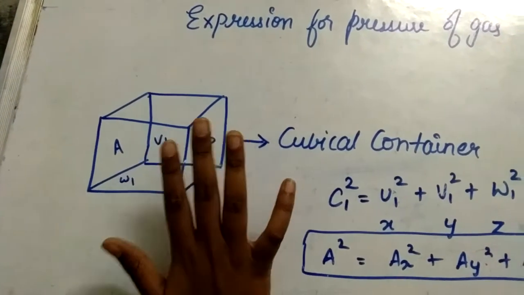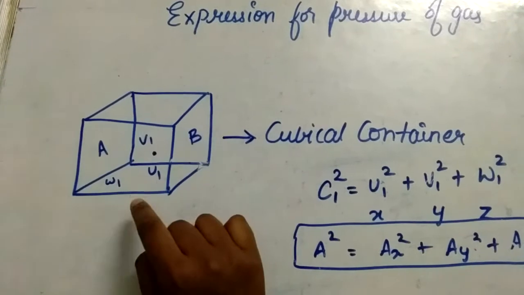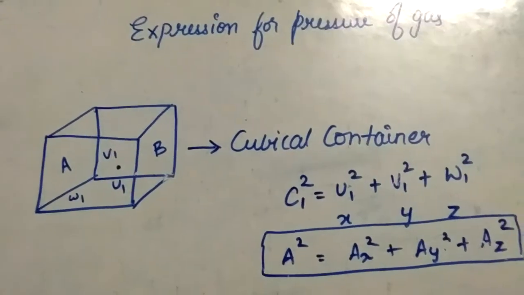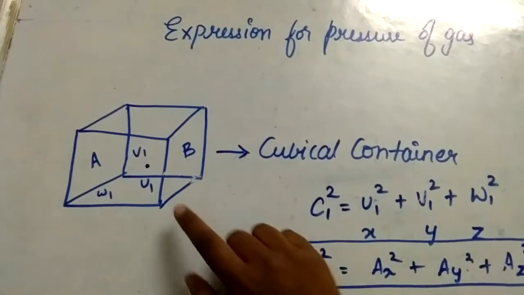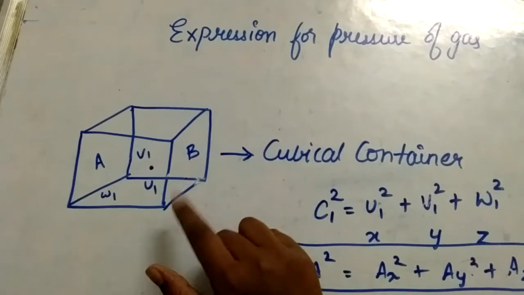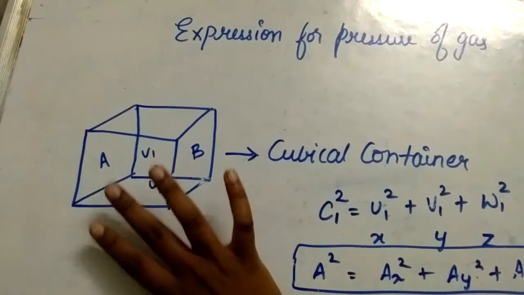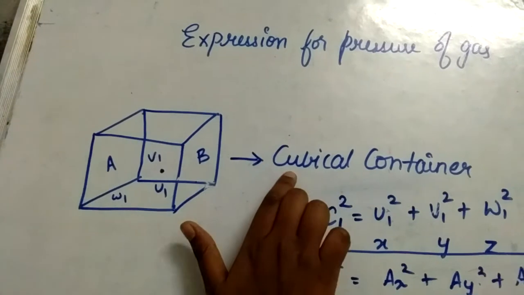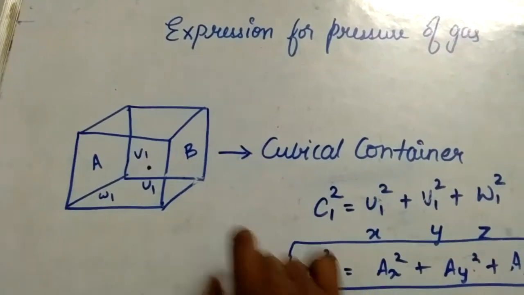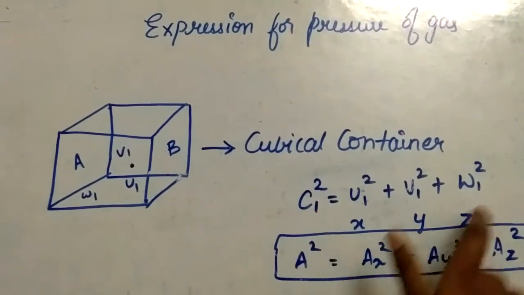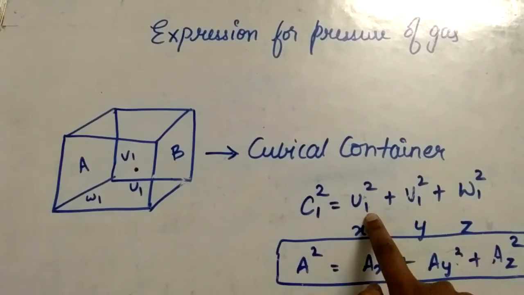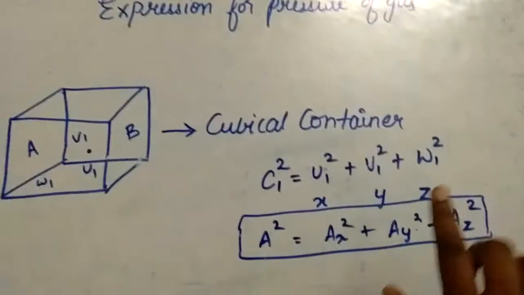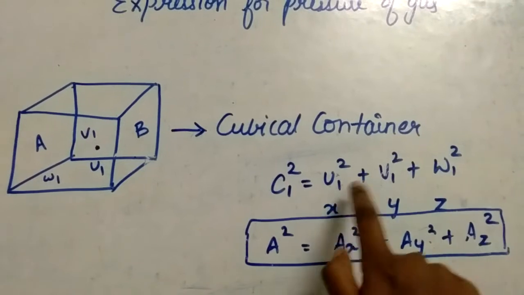Now we have n as the number of molecules per unit volume, capital N as the total number of molecules present in the cubical container, and C as the resultant of the velocities along the three directions x, y, z. This equation is written in this form.